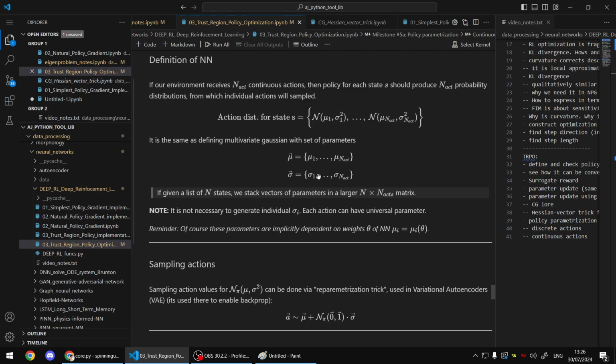That means it would be some kind of delta function, so the standard deviation should be reduced. That's the one point. Because in a sense, a large standard deviation allows you to implement exploration.